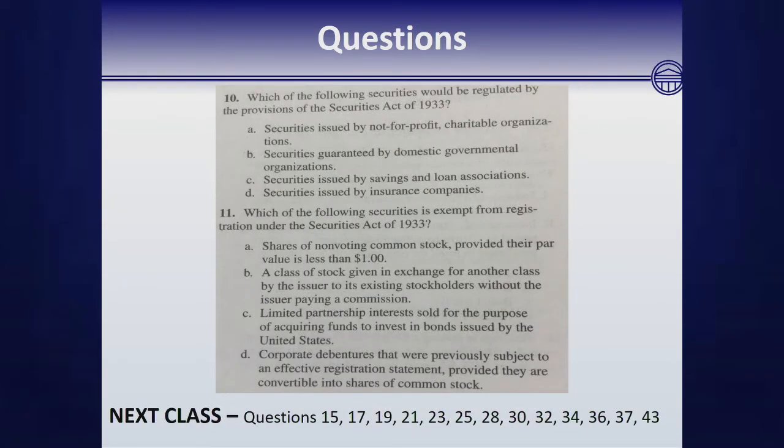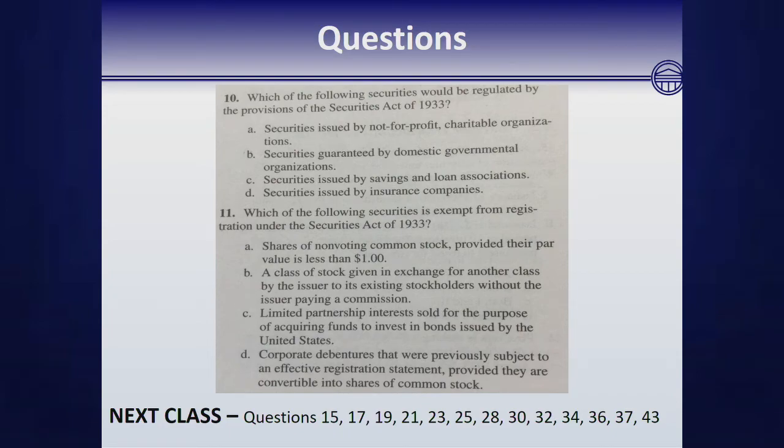And then next question, the last two for the first half of this module, question 10. So which of the following securities would be regulated by the provisions of the Securities Act of 1933?